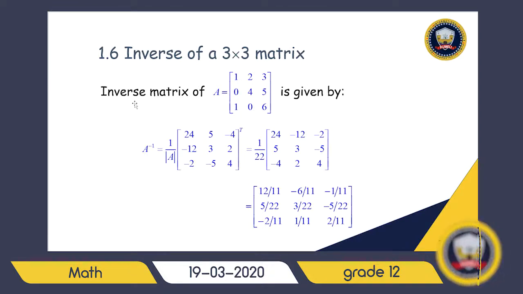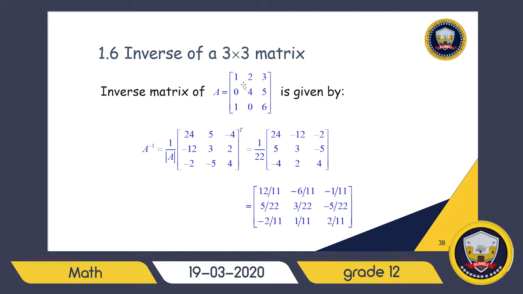How to find the inverse matrix of this 3 times 3 matrix? We can define A negative 1 equals 1 over the determinant multiplied by the transpose of the cofactor matrix.